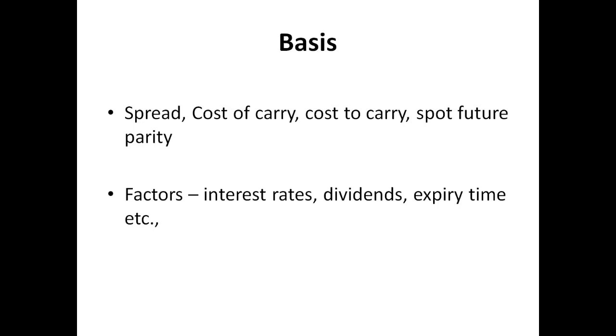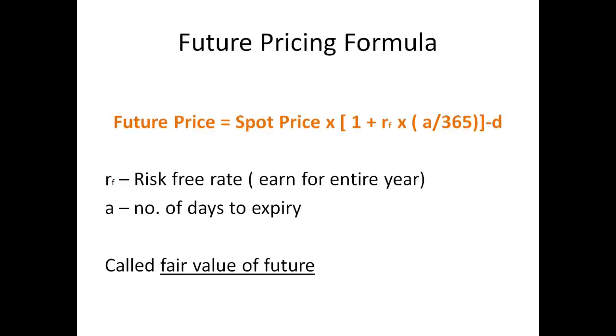This difference depends upon several factors, like interest rates, dividends, expiry time, etc. Let's see how the future pricing formula works. It is for knowledge, to know whether a future is under or overpriced. That is also more important.